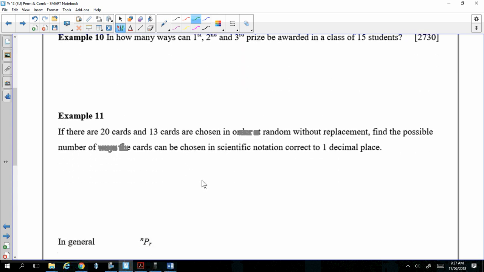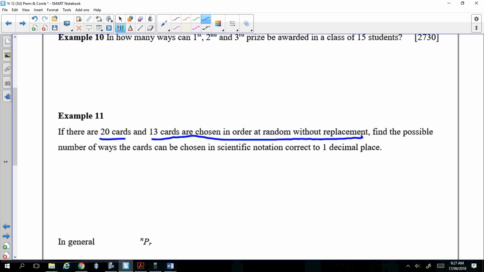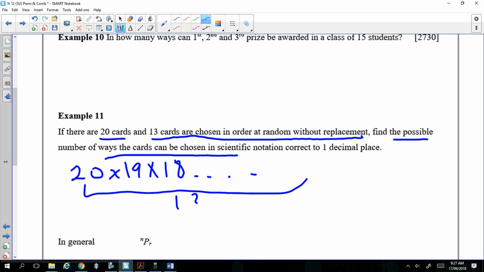So, for example, example 11: if there are 20 cards, and 13 cards are chosen in order without replacement, find the possible number of ways the cards can be chosen. I would have to do 20 times 19 times 18 ... 13 numbers, which will take you a long time to type.